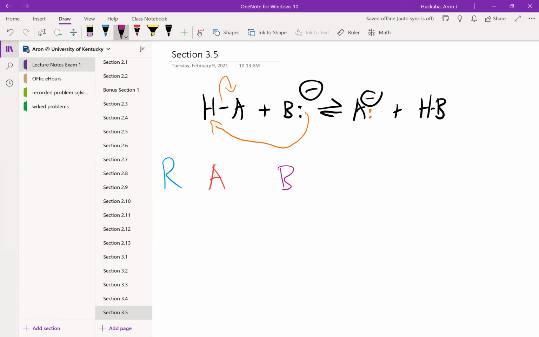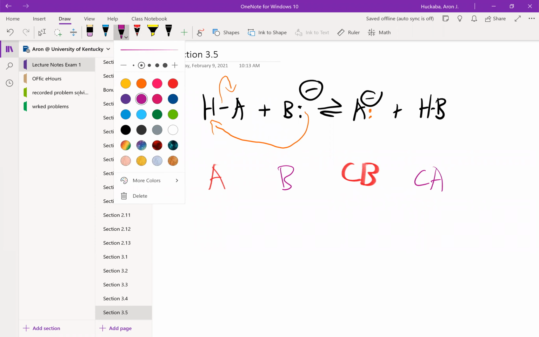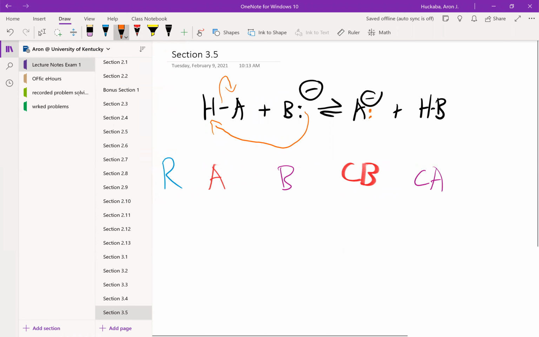Base is labeled B, A is labeled acid, but the conjugate acid of the base is here, and the conjugate base of the acid is here, right? Because coming the other way, the electrons on A can serve as a base, and we can get our original base back when the electrons between the hydrogen and base go back to the base molecule.